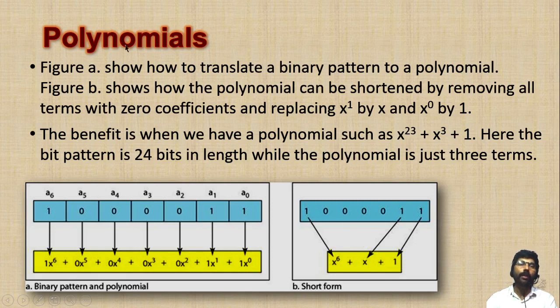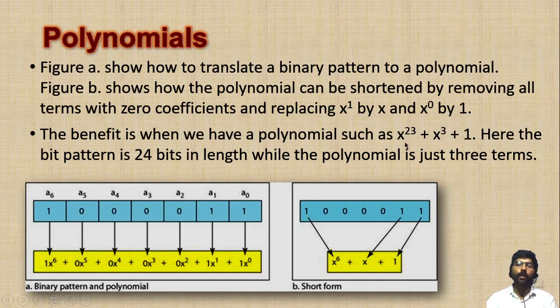This polynomial is very helpful when we have a large number of bits. For example, if we have a 24-bit pattern, we can easily represent it as x raised to 23 plus x raised to 3 plus 1.